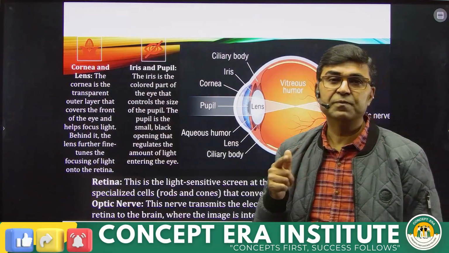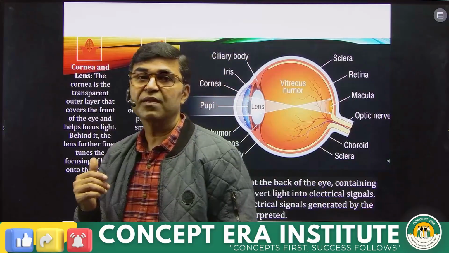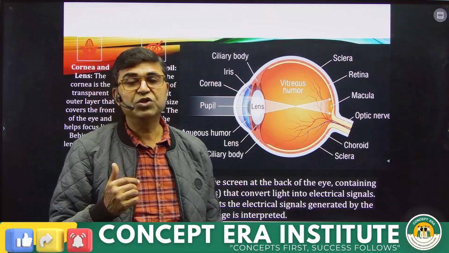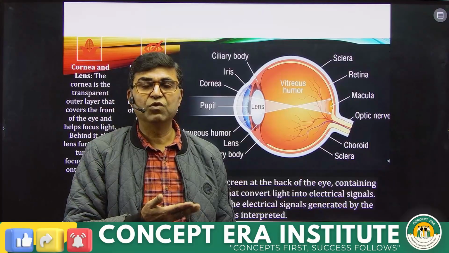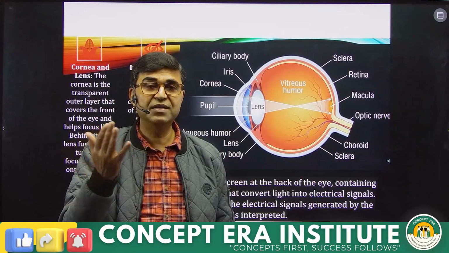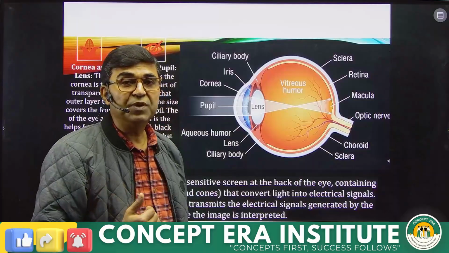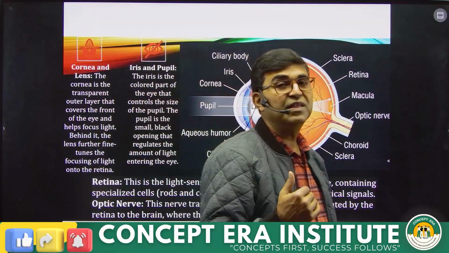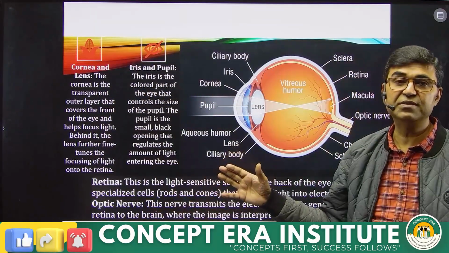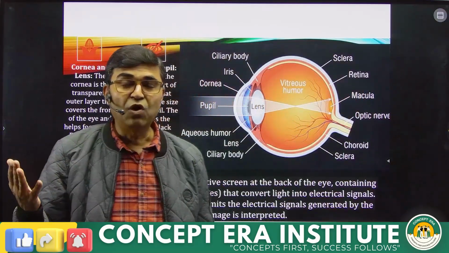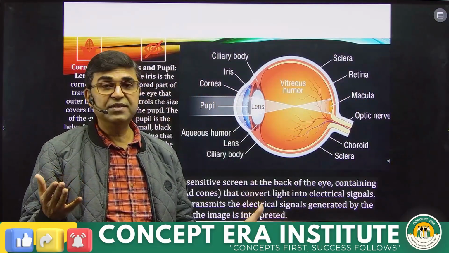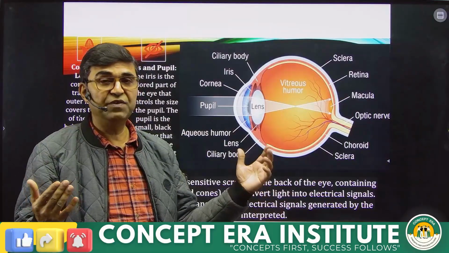For example, just imagine when we are going to watch a movie at about 12 o'clock, then outside the theater, the light is bright, but when the show ends and the next show begins, when we enter the theater, we are not able to see where is the seat, where is the path, who's sitting where.